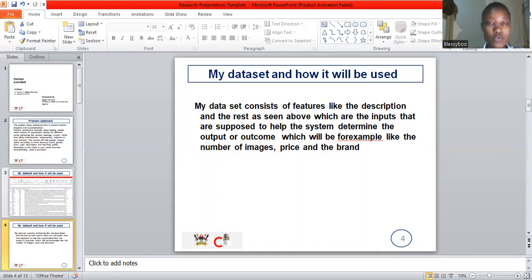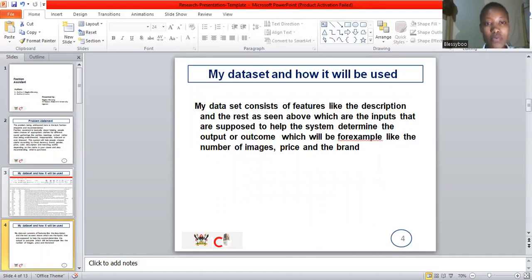gender. And of course, if you input these inputs, they will help you provide an outcome. And the outcomes here, there is primary color, there is price, there is product brand, and the number of images.